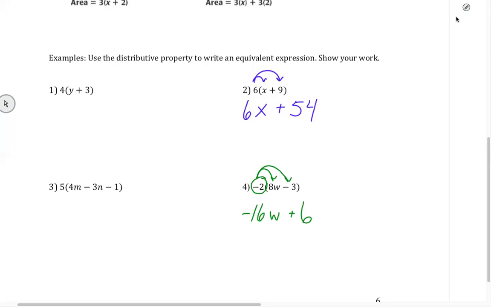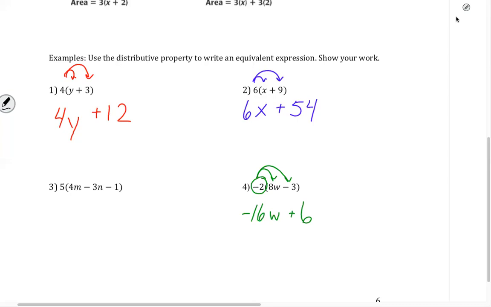All right, here we go. For number 1, that's pretty straightforward. It's like number 2. We're just going to distribute that 4 inside. So we have 4y, and we're going to add to it 4 times 3, which is 12. Was everybody able to get that one? Good.